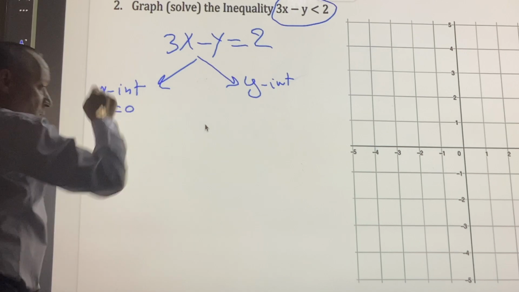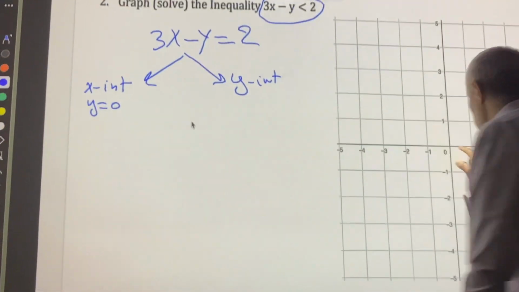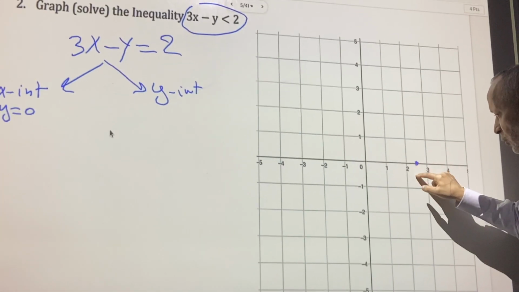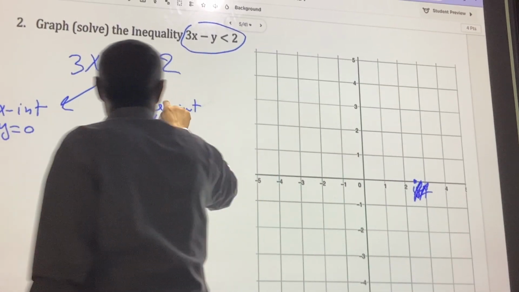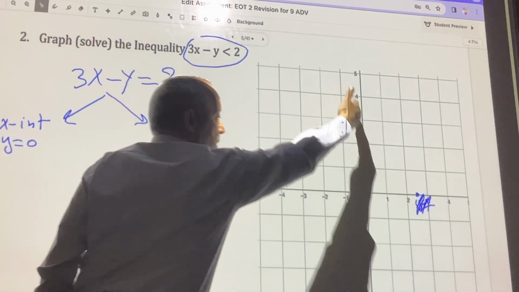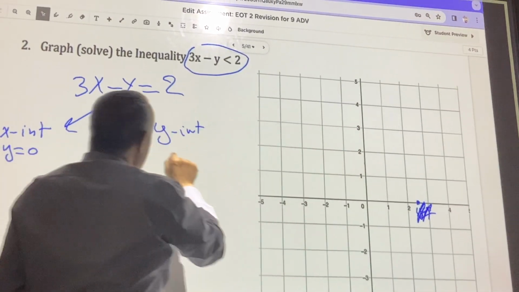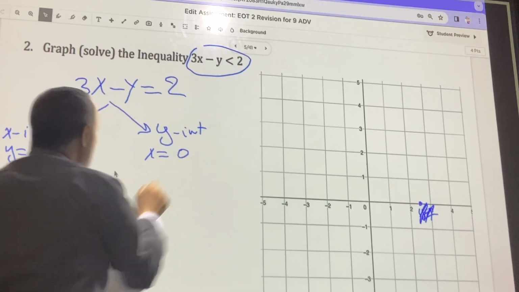Because any point on the x-axis has a y equal what? 0. And to find the y-intercept, which is on the y-axis, the x is 0. Let's calculate.